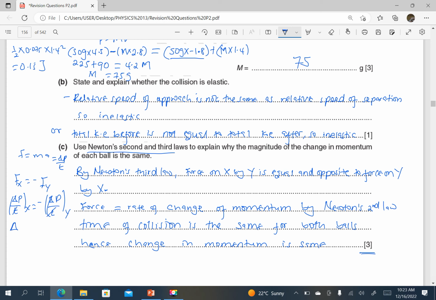You remain with the change in momentum of X equal to the negative change in momentum of Y. The negative just shows that the changes are in opposite directions. Okay.